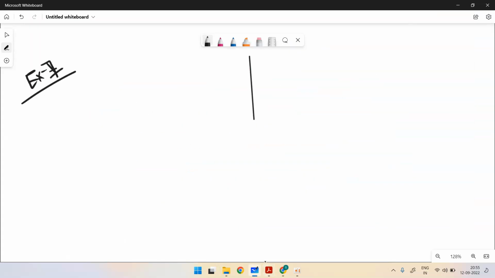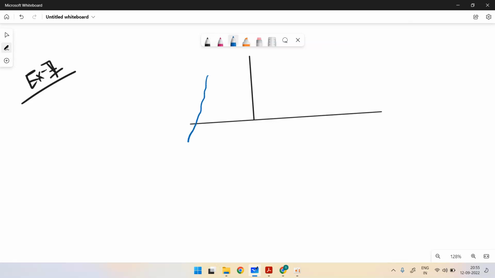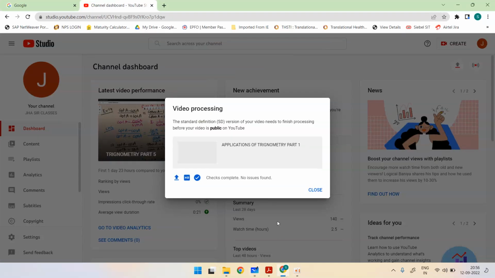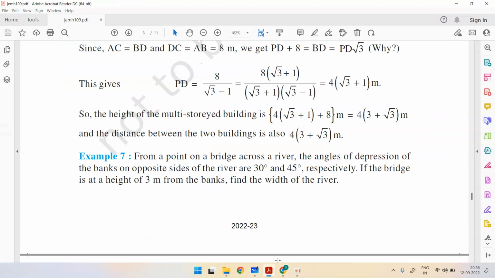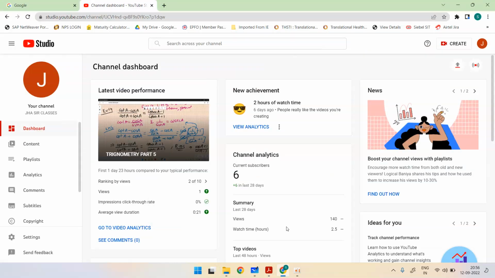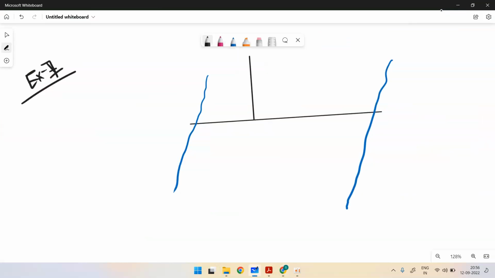Let me suppose this is my bridge and the river is flowing like this, with a bank on each side. It is given that the angles of depression are 30 degrees and 45 degrees respectively.